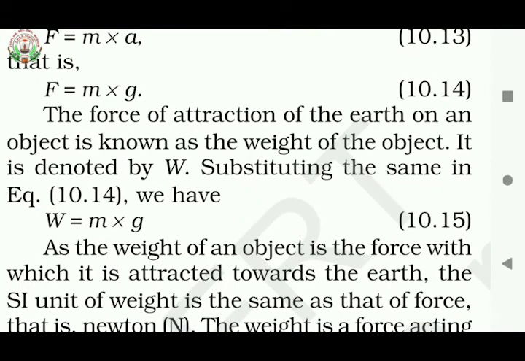The force of attraction of the earth on an object is known as the weight of the object from the definition, and it is denoted by capital W. By substituting the same in the equation, we have W is equal to m into g, where m is equal to mass of the body and g is equal to acceleration due to gravity.